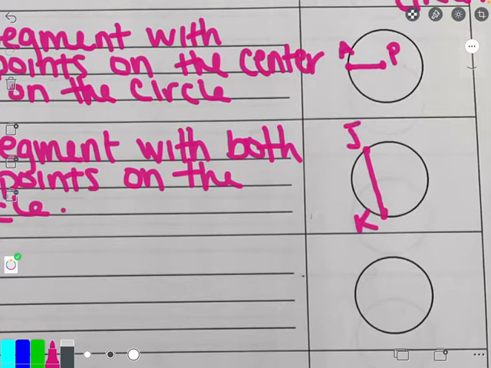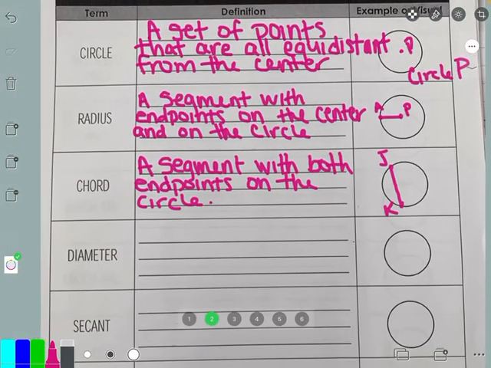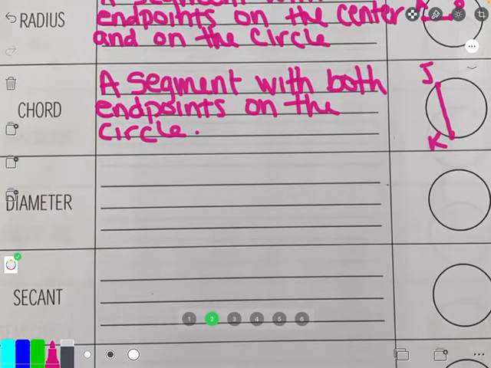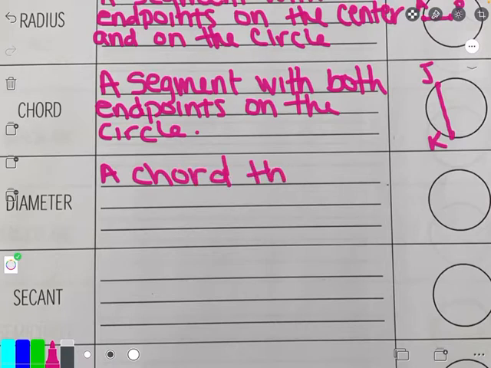Both ends are on the circle. And the reason I was specific on that not going through the center is because if it goes through the center, that means it's a diameter. So a diameter is a chord that goes through the center.